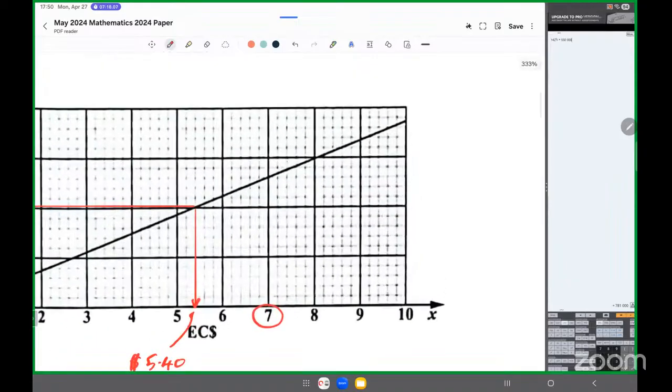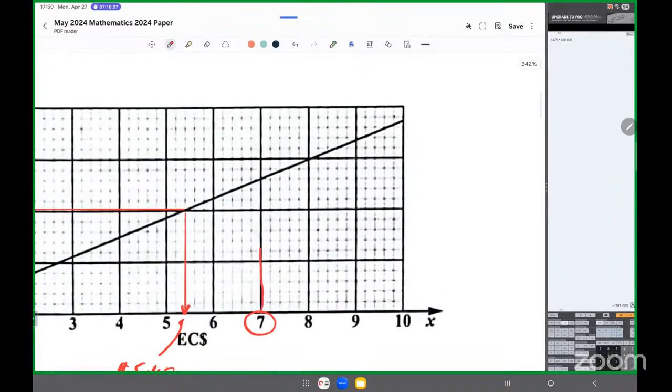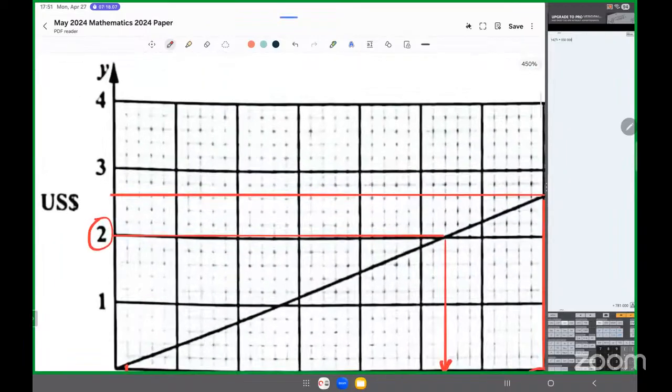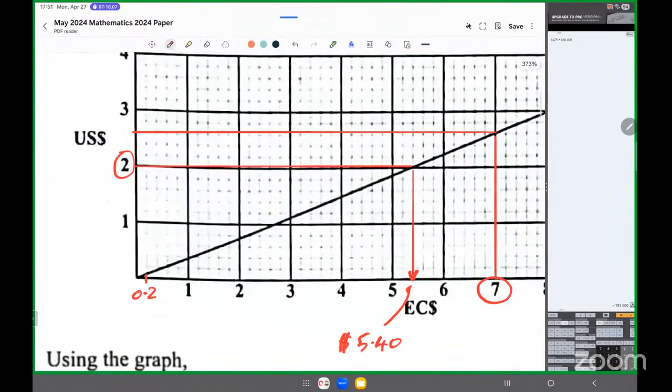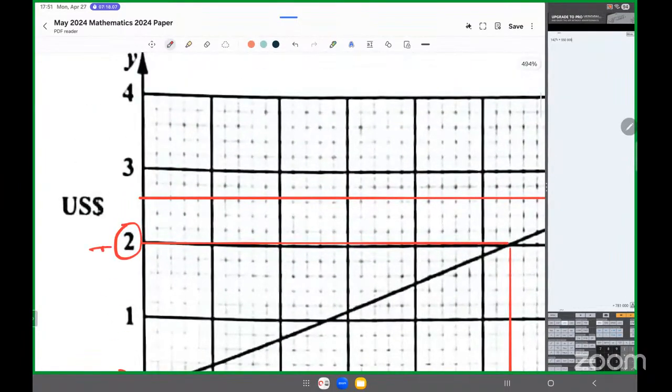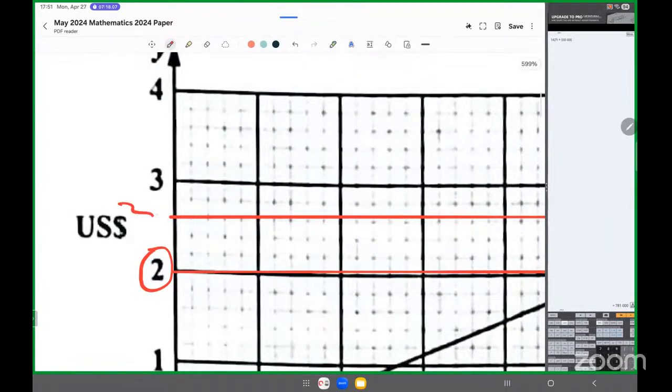See how much I get for 7. So I come up on the graph to here, and then read across here. And that is 2 point, the y-axis is the same scale, right? 0.2. So this is 2, 2.2, 2.4, 2.6. That's 2.6. This here is $2.60.